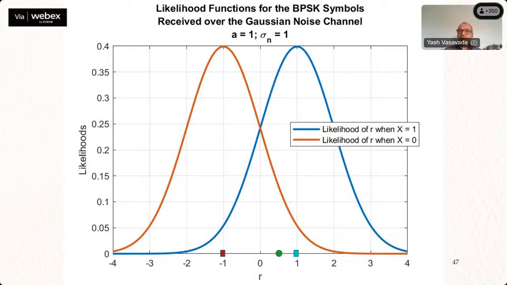Yeah, the answer is that the ML rule will say that x is equal to 1. Why? Because which of these two PDFs is stronger at 0.5? Obviously, the blue one. The blue one corresponds to x equal to 1.